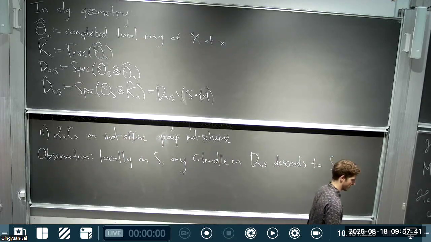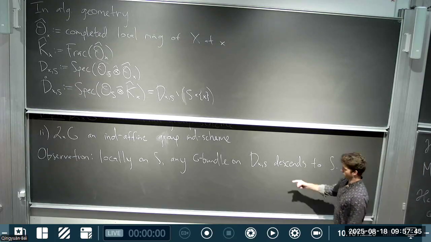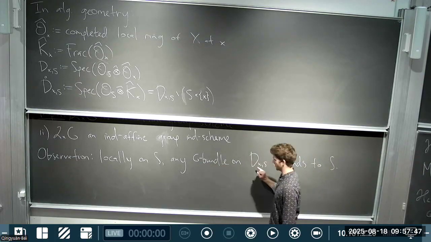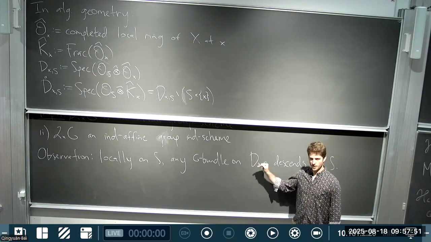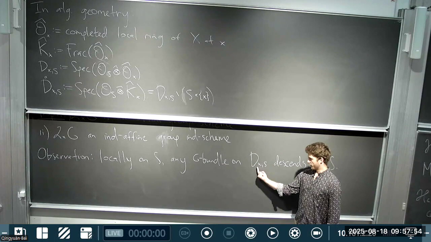The way you prove this is you use this formal spectrum that was alluded to earlier. You can prove that because G is affine, G bundles on a stack are the same as G bundles on the formal spectrum, and then you use the fact that G is smooth to show that, in fact, you have a section.